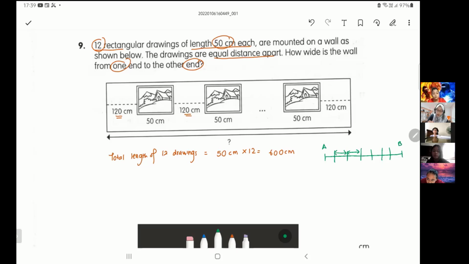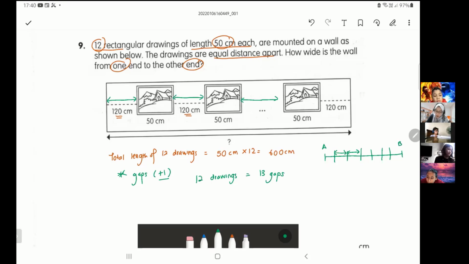Usually for gaps, you must always plus 1. That is the rule. So if I have 12 drawings, I'm going to have 13 gaps.